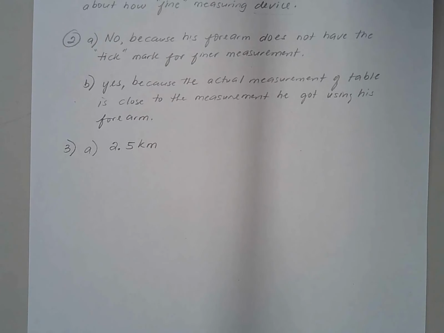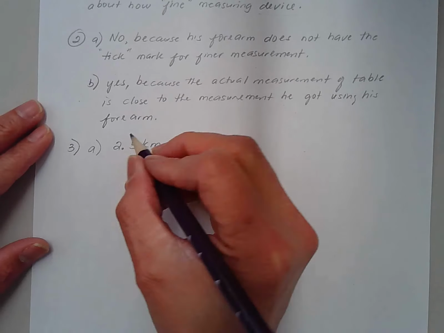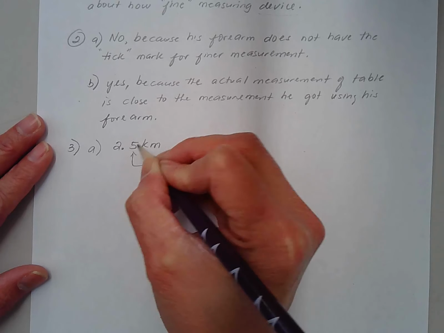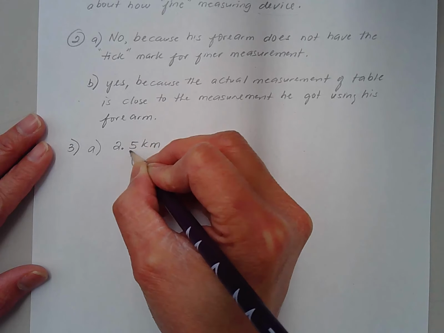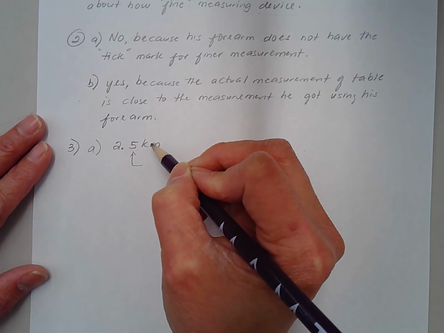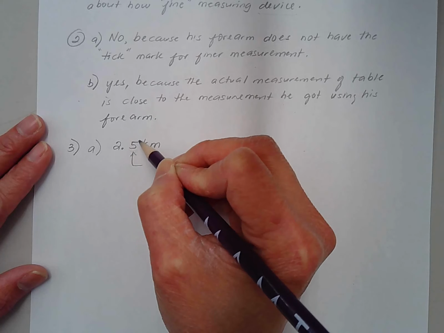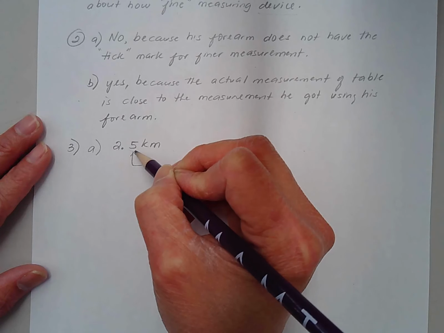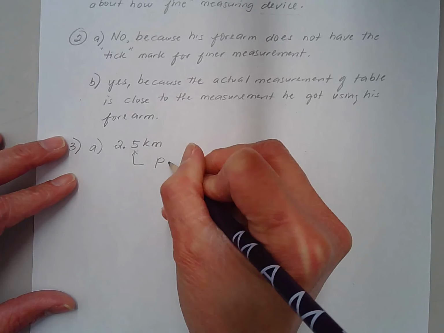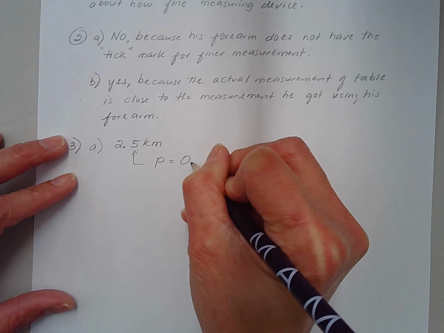In this case, we don't have a measuring device to see the precision. We don't see how fine the measuring device is, but a way to figure it out is the smallest number that we could get in here. So 2.5 kilometers. The finest one is the tenth place.